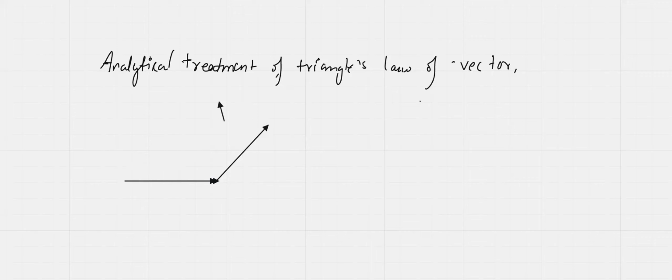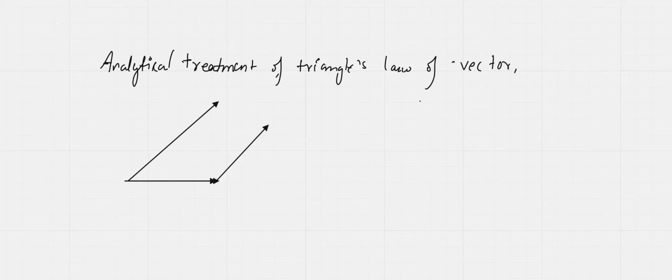So this should be the resultant as per the triangles law. Assume this is a triangle. So A, B vector, and what is the next? That is the resultant vector.